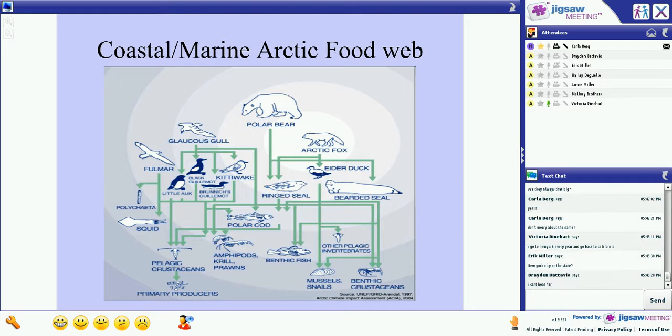The polar bear eats the ringed seal, and the seal eats the benthic fish.